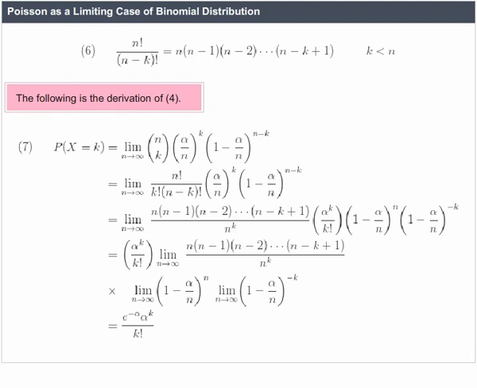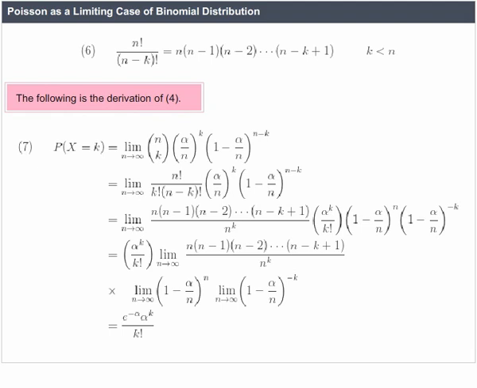Then limit n tends to infinity n into n minus 1, n minus 2, etc., n minus k plus 1 divided by n power k, alpha power k by k factorial, 1 minus alpha by n whole power n, 1 minus alpha by n whole power minus k, equal to alpha power k divided by k factorial.